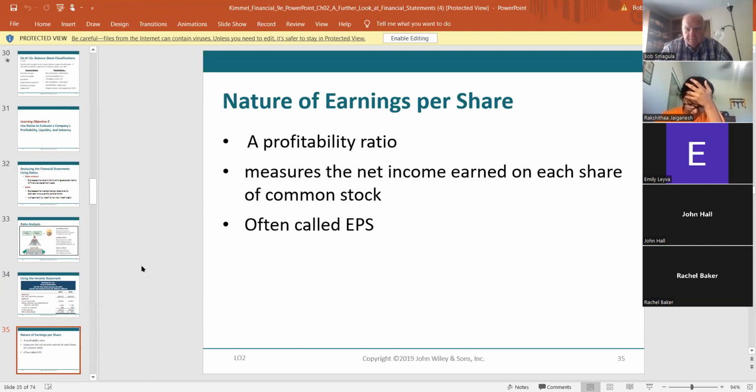If you ever watch the news and you're flipping the channels to CNBC, you might hear the guy say, well, Kimberly-Clark today announced an EPS of $2.05 a share, which beats the forecast by 5 cents. And as a result, the stock rose. Earnings per share, very important metric.